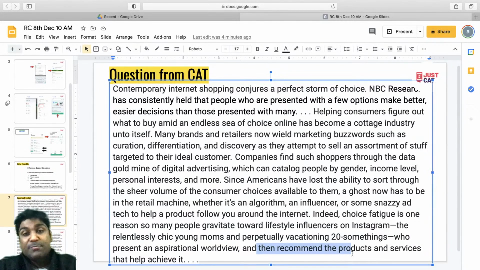So this aspirational worldview of having a lot of aspirations and desires which should be fulfilled, like the desire of, say, traveling, of being in good shape, or eating certain kind of food, drinking certain kind of beverage, having certain kind of wallet or purse.